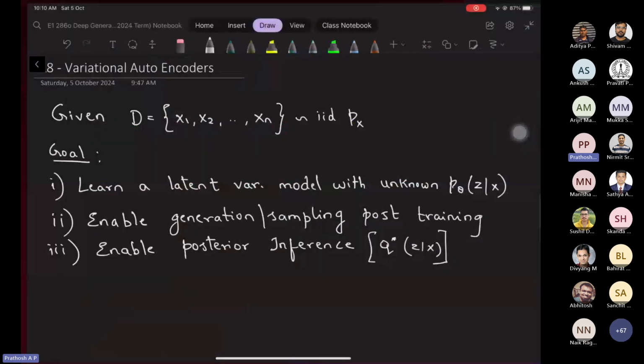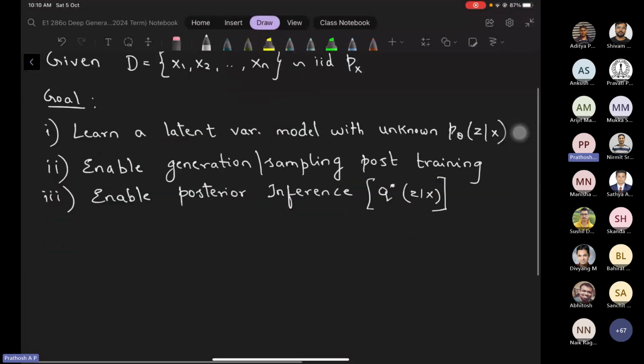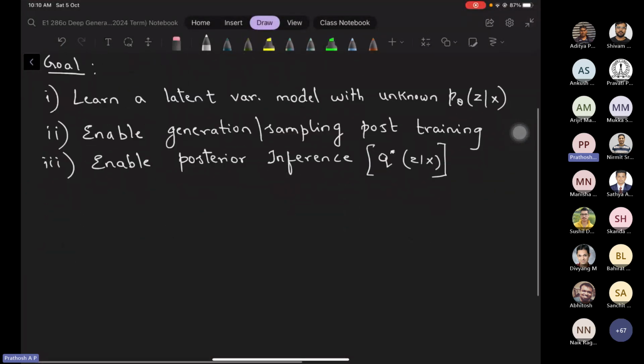Right. So we have these three objectives to learn given this data. So we'll start doing it.